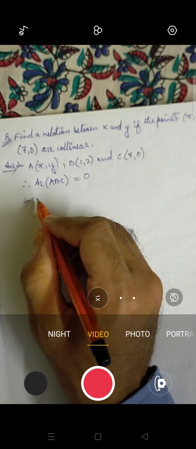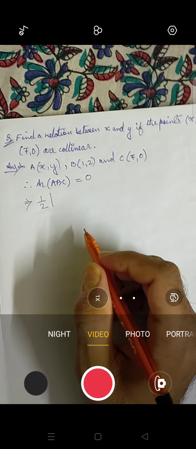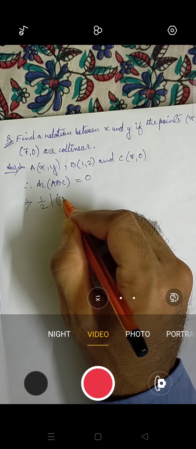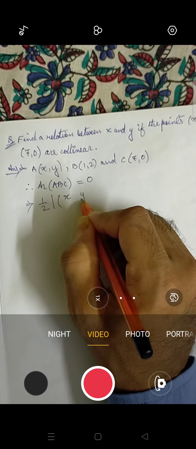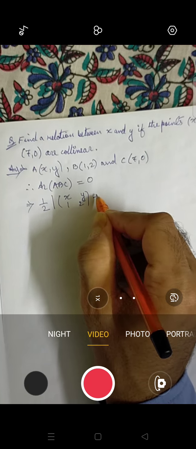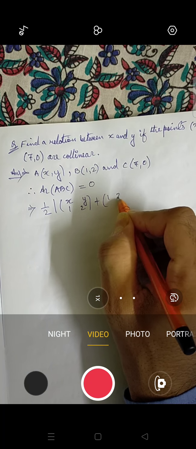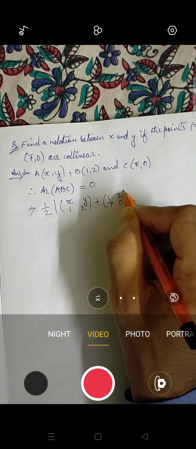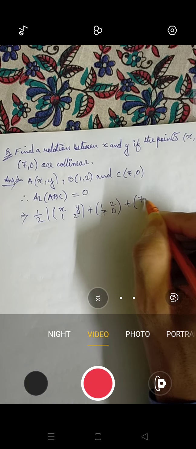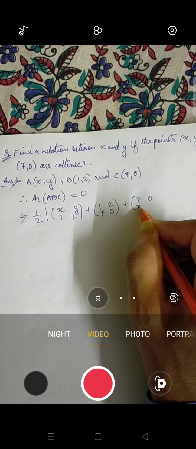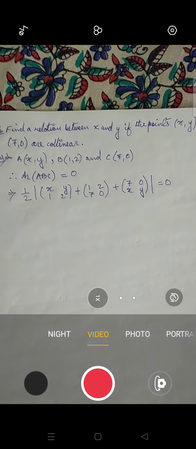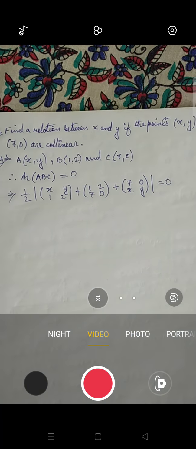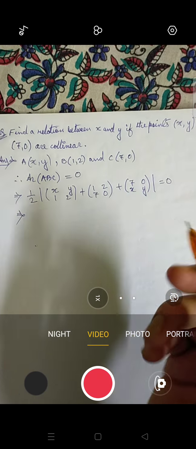Now I can write half modulus. I'm not writing the formula this time, I'm writing it directly: first coordinate by second coordinate plus second coordinate by third coordinate plus third coordinate by first coordinate, modulus close, equal to 0. Any doubt? Now this 2 will transfer here and it will be multiplied and become 0.